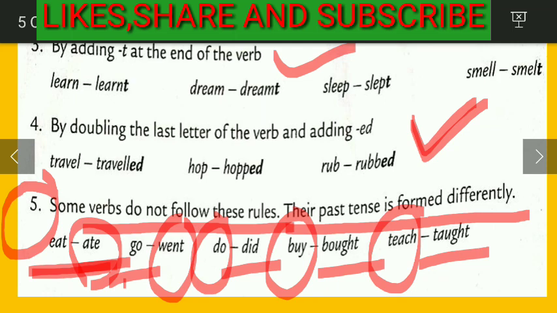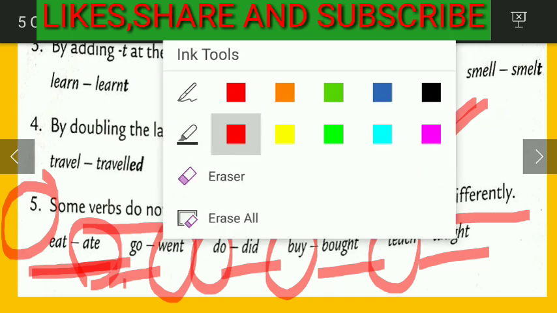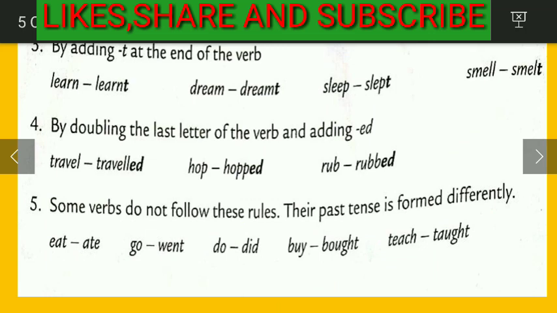That means here no rule is applied. No rule is applicable for these verbs. There are some verbs where the rules are not applicable. We have to learn it. In order to change all these verbs into simple past tense, we have to learn all these.